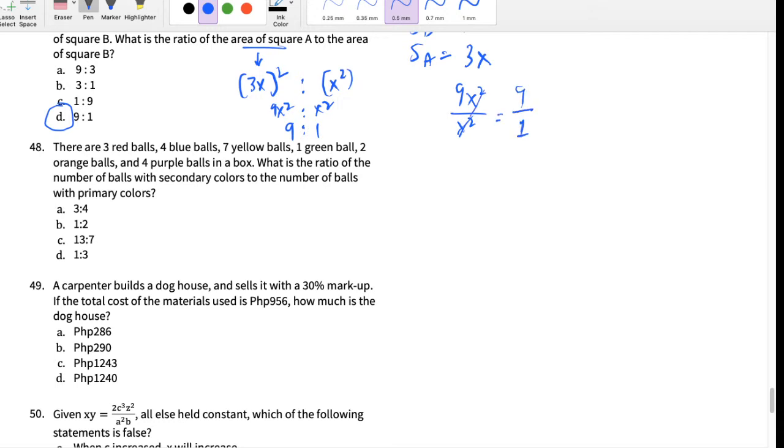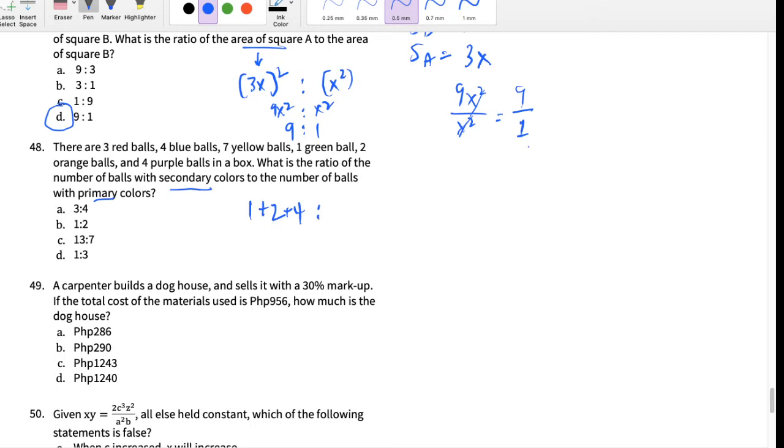Okay? There are 3 red balls, 4 blue balls, 7 yellow, 1 green, 2 orange, 4 purple balls in a box. What is the ratio of the number of balls with secondary colors to the number of balls with primary colors? Okay, so ano yung secondary colors natin dito? Orange, purple, and green. So that's 1 plus 2 plus 4 is 7.